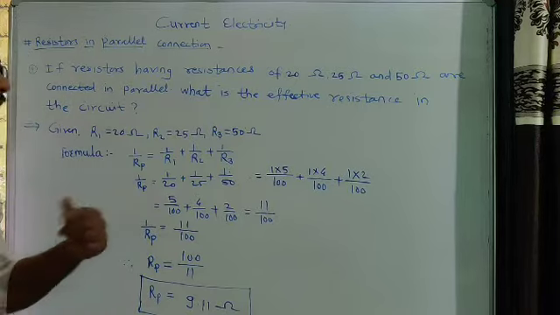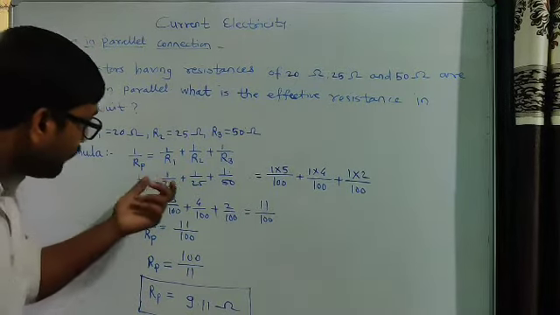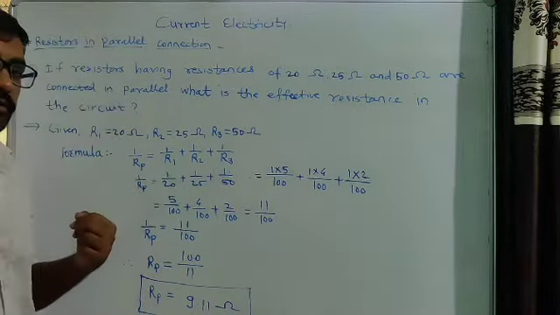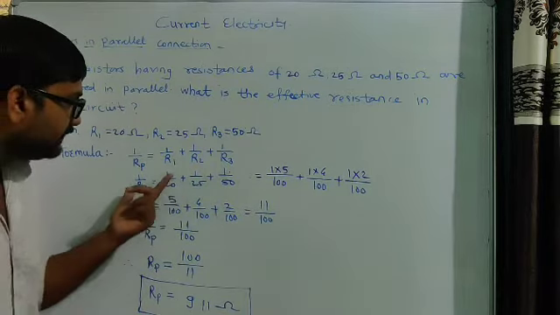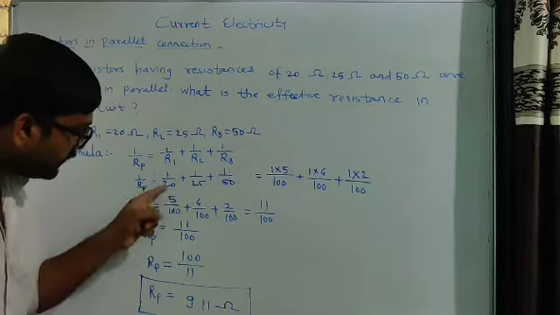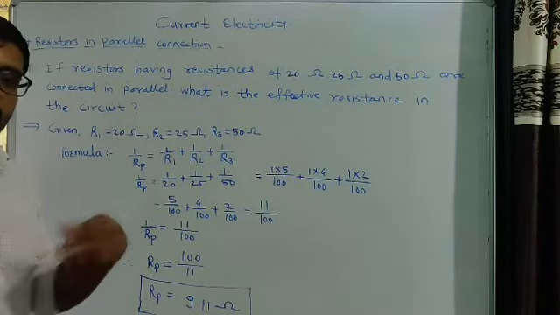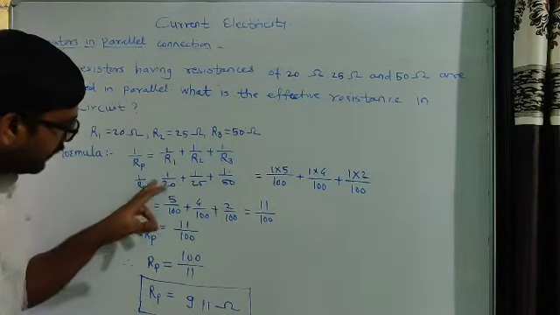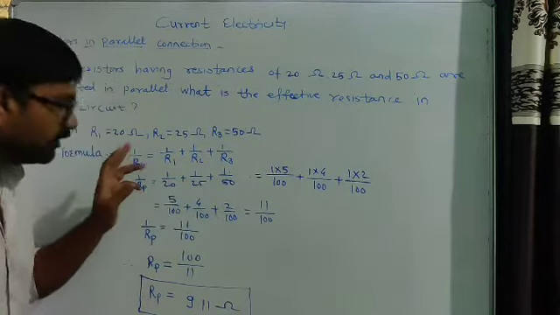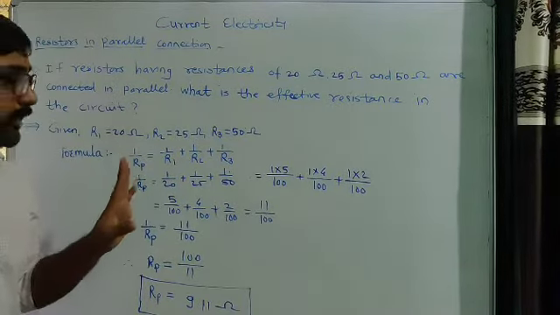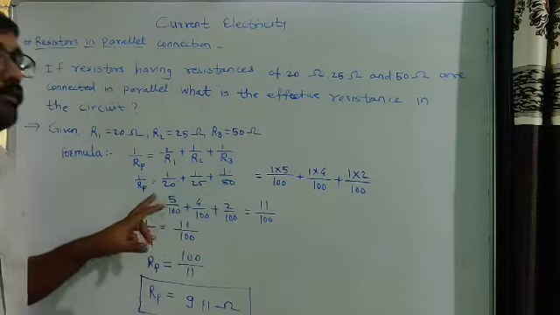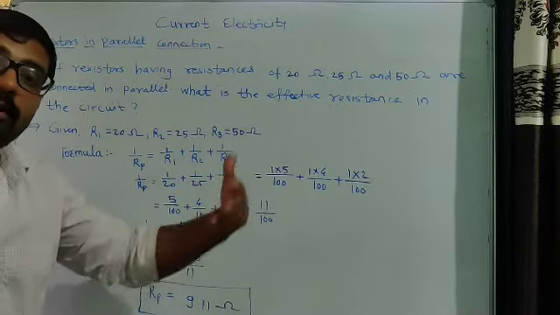Then one important step is we have to add these three terms. We cannot directly add them because their denominators are not the same. If the denominators are the same, then we can add directly, but here we first have to make their denominators common. So for these three terms we have to find the least common multiple.